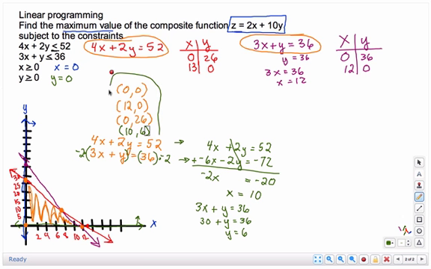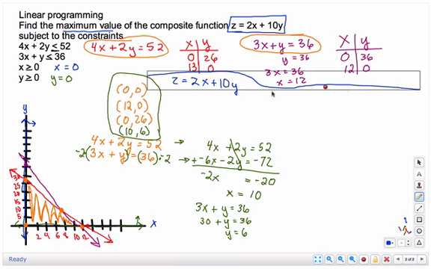So we're going to look at these four values here. And let's see, I'm going to go back to blue here. Basically, we're going to take our z function. Here's our z function. We're going to take each of these values and replace the x and the y with these coordinates and find out which z value is the largest.